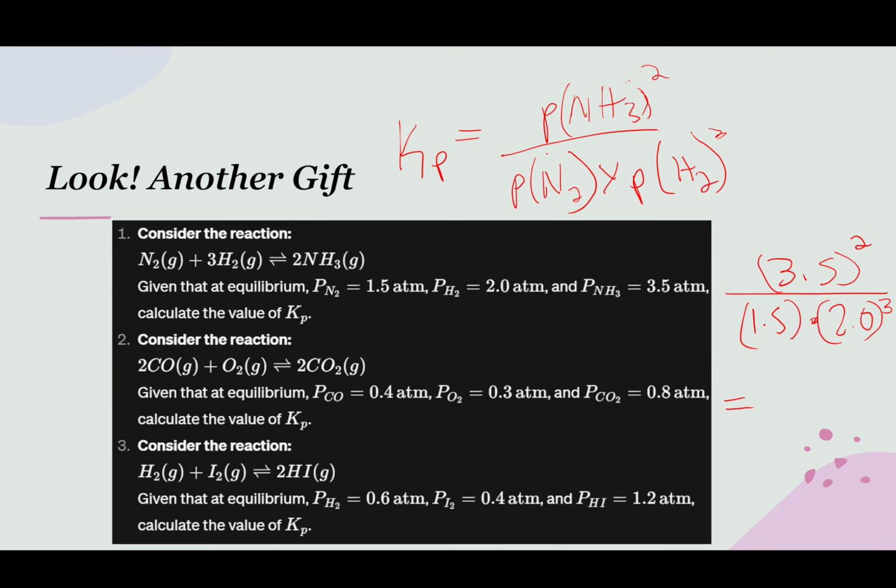So 3.5 squared divided by, let me use brackets to make sure, 1.5 times 2.0 cubed, basically. All right, that looks fine. So the answer is 1.02.